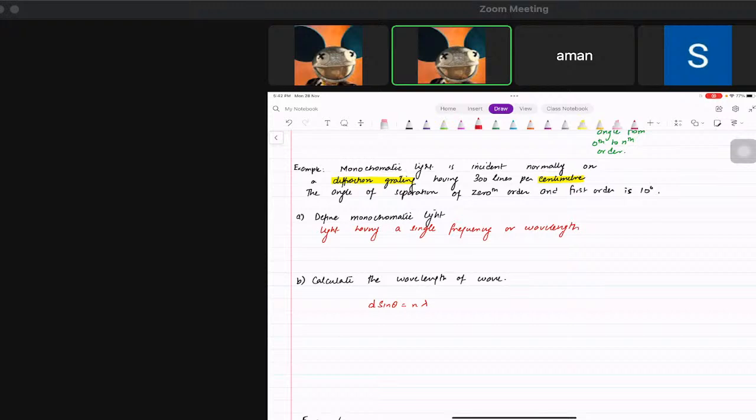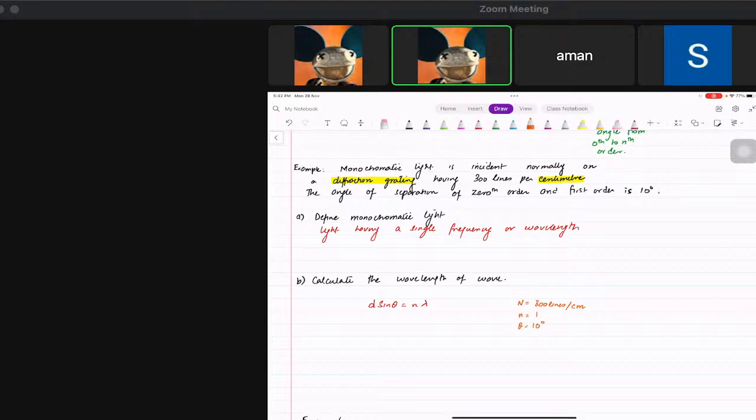Now, when you're looking at it, what you need is lambda. We don't have d, we have n, and we have first order, 0 to first. So to find d, we know that the number of lines is given as 300 lines per centimeter, n is 1, and theta is 10 degrees.